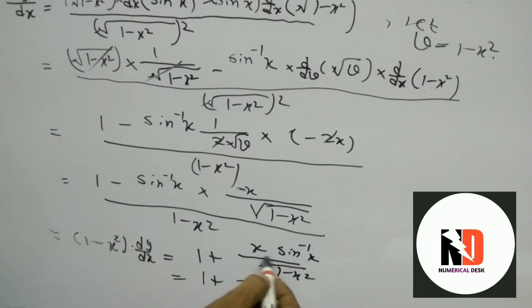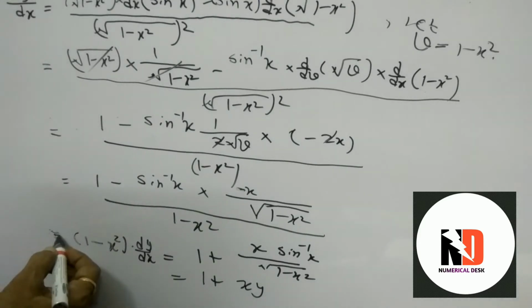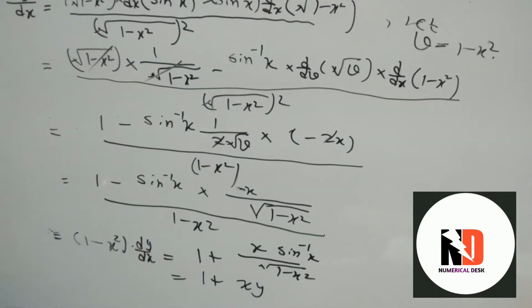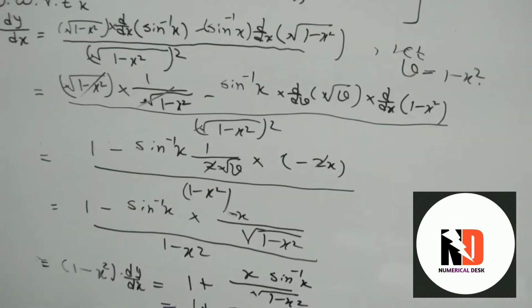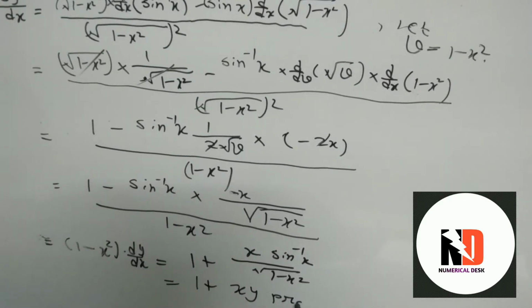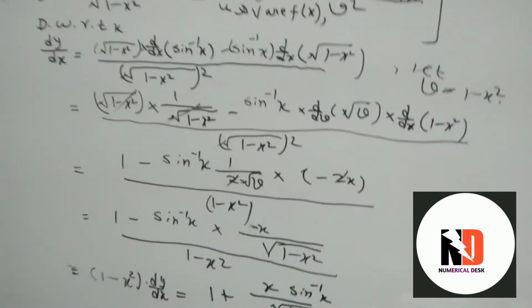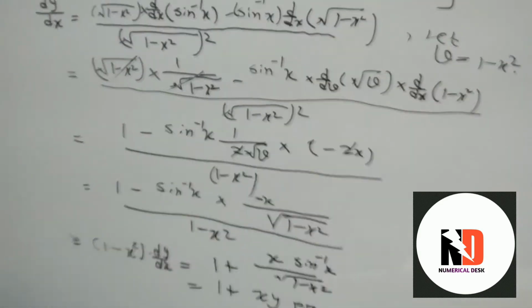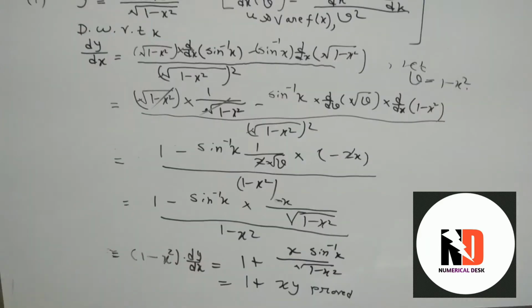So we can substitute or put the value, hence the proof follows. I think you all understand, and see the sum very carefully. So proof has been done. So x is already there, and the second term sin inverse x by root over 1 minus x square equals y. We have just put it.